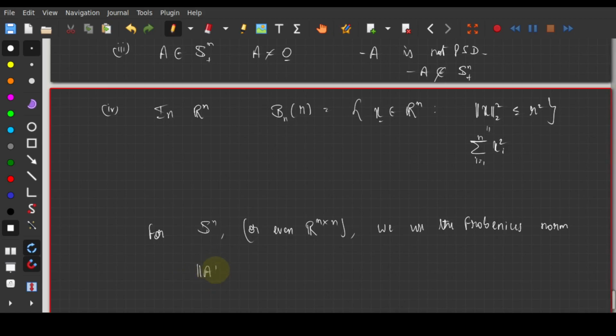So the norm of a matrix is equal to the square root of the sum of the squares of all the entries A_ij.